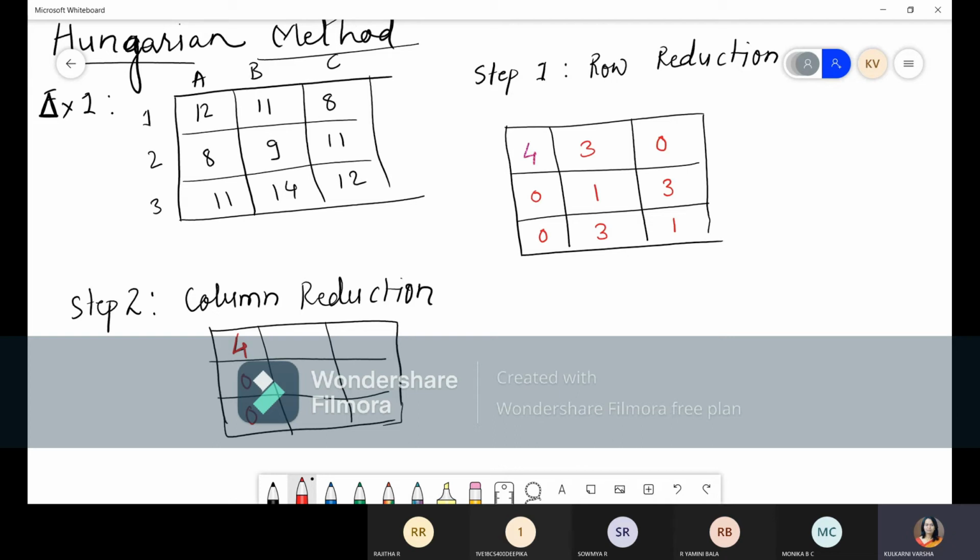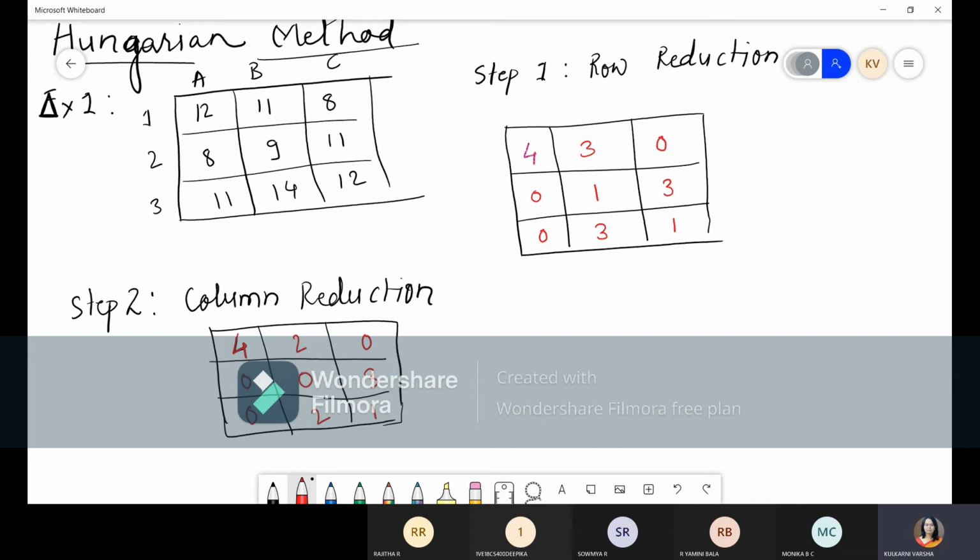In the next column, the minimum element is 1, so we subtract it from the remaining elements: 3 minus 1, 2; 1 minus 1, 0; 3 minus 1, 2. Then for the last column, the minimum element is 0, so there is no change: 0, 3, 1. So we got the column reduction.